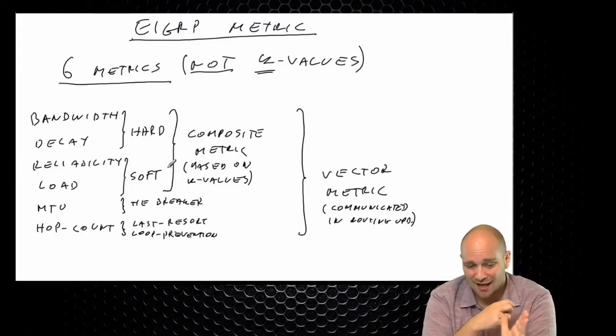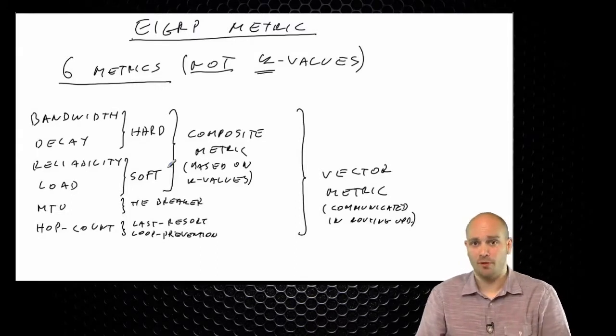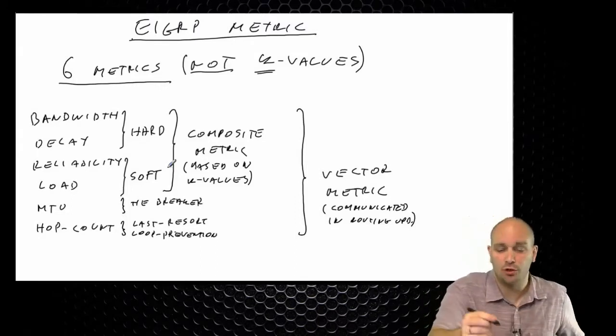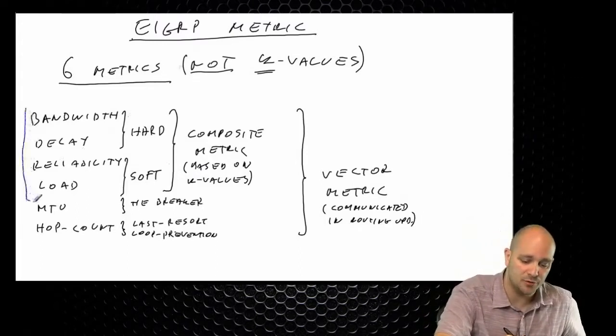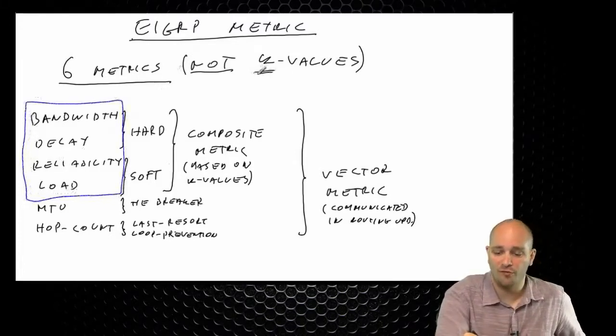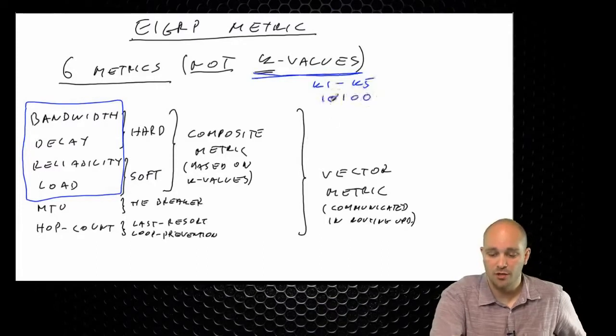So this is how the EIGRP metric looks from the perspective of the EIGRP database, or the topology table as it's called there. Now, based on these four values and the configured values of K values, and we have K1 to K5, the default being 10100. So these are the values for K1 through 5.